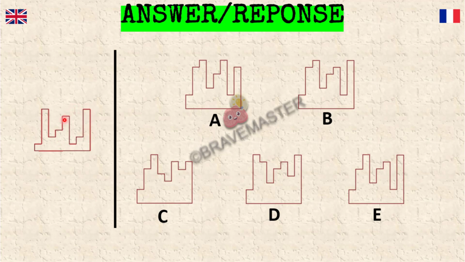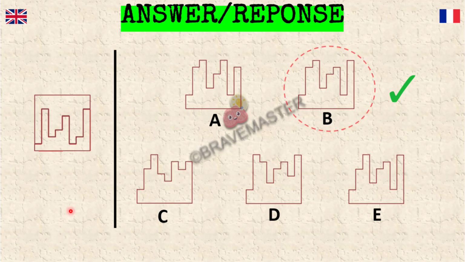When you reverse it again, this one should be lower, so this should be higher than this one. Well, actually all of them respect that, but now you really need to compare the features, and anyway, you will notice that B is the correct answer, and as you see, B fits perfectly.